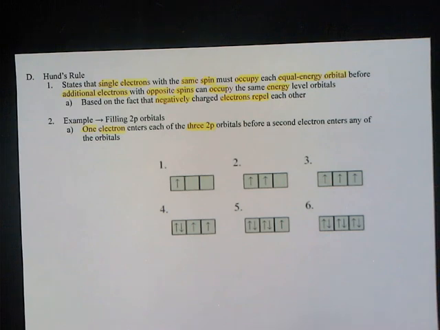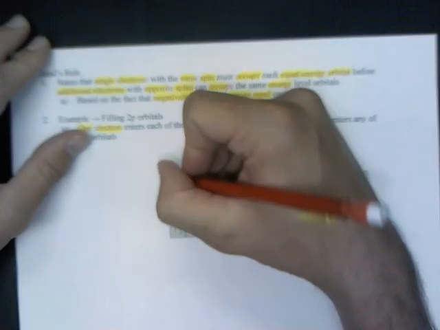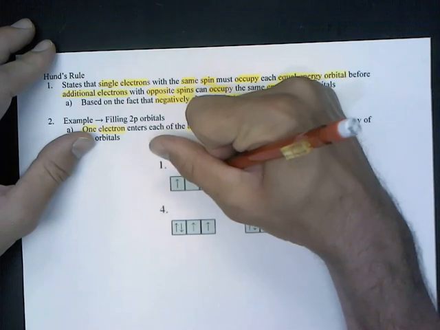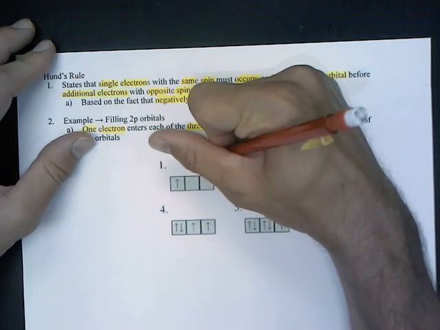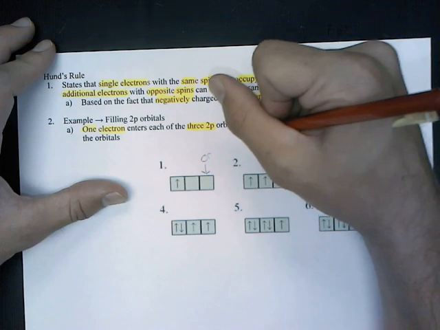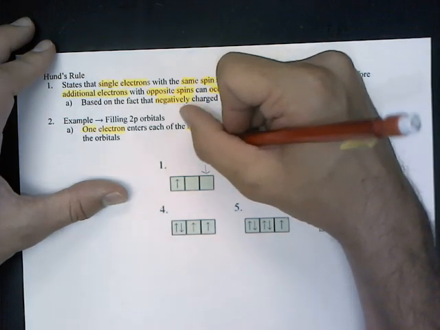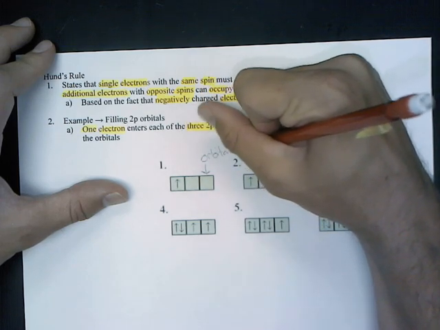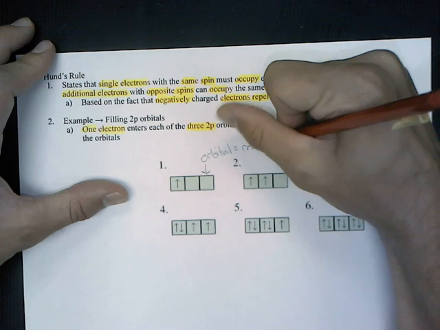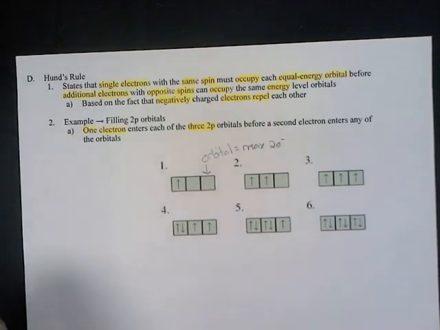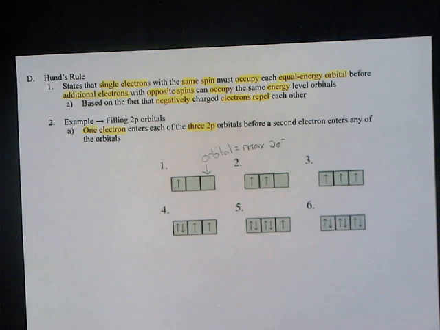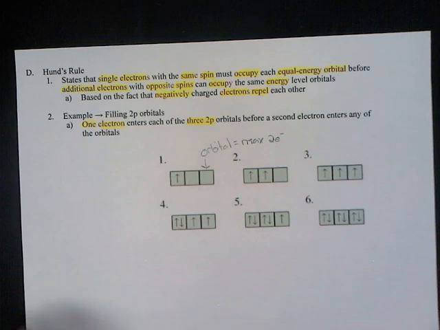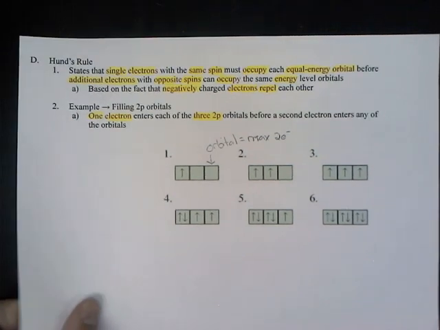Now, the other thing I want to talk about is that each individual box represents one orbital. Each orbital can only have a max of 2 electrons. So each box is representing an orbital, and we have to follow those rules. It's easiest to follow those rules when we go through a couple of examples.